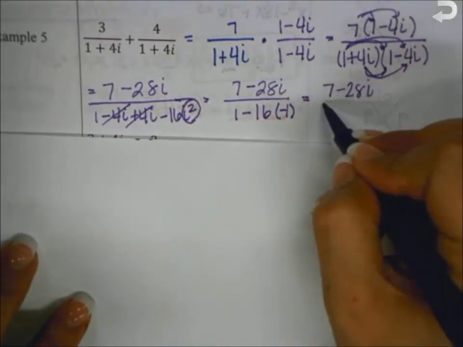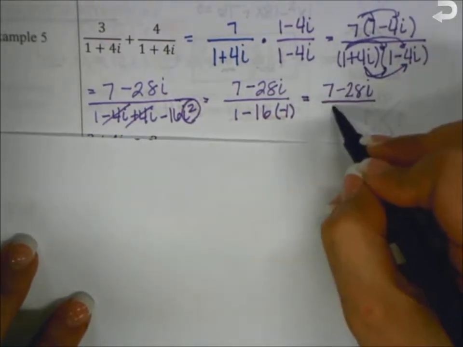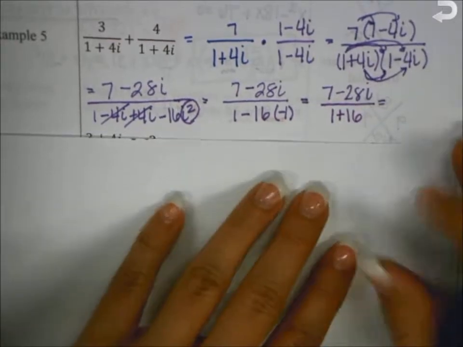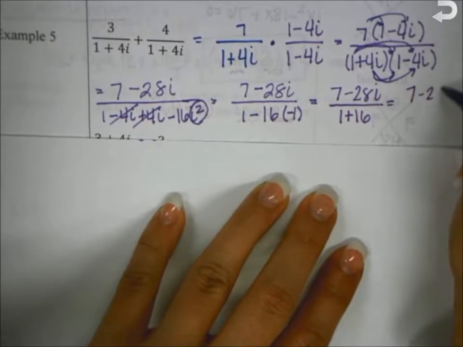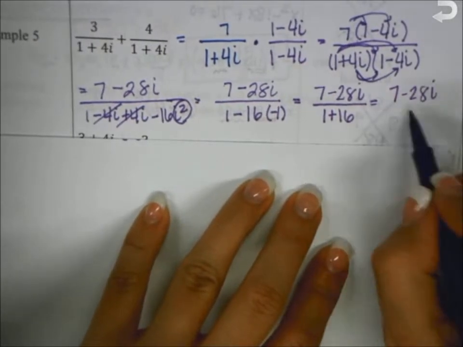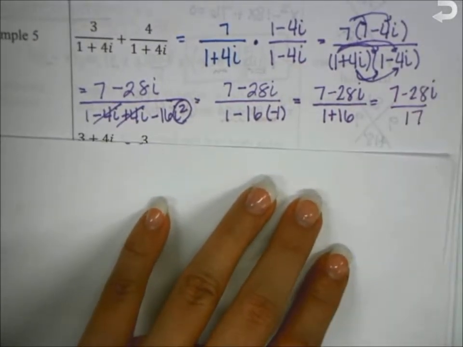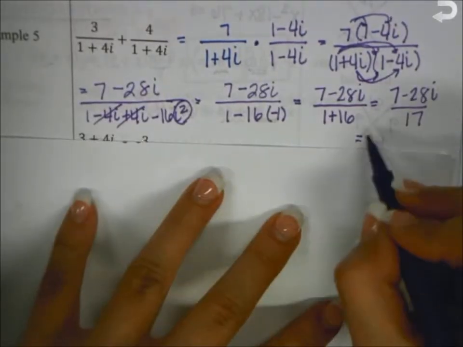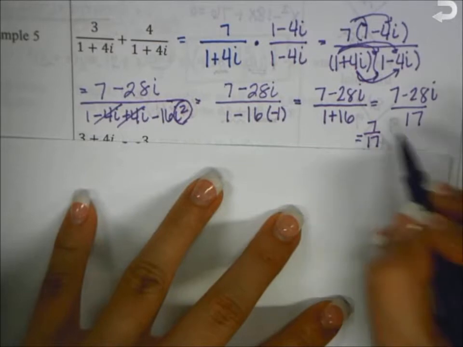Is that completely finished yet? No, we split it up. So we would get 7 over 17 minus 28i over 17. So now we're combining it all together, the addition and subtraction and multiplication and division.